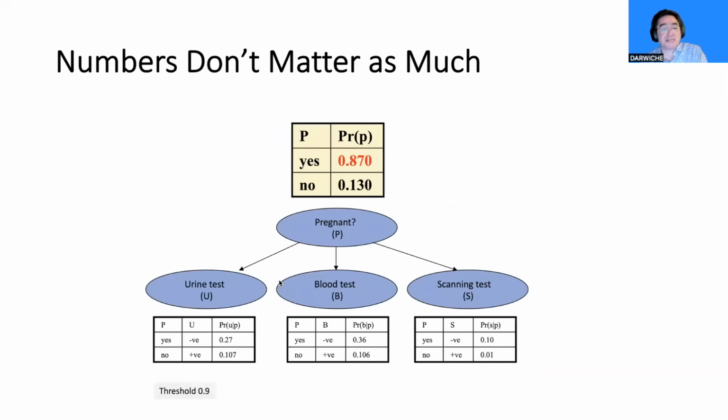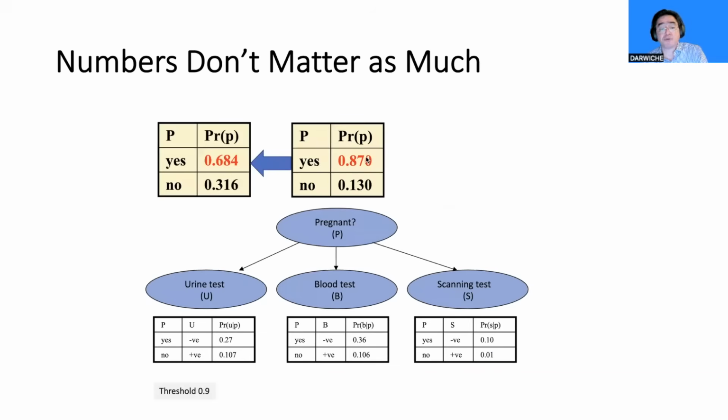The first insight is this. If you look at this classifier that we looked at earlier, it had this distribution on the class variable, and this was the threshold. Now, in this case, believe it or not, if I drop this number to this, the classifier does not change. So any number between this and that, when you compile this, you get the exact same classifier.